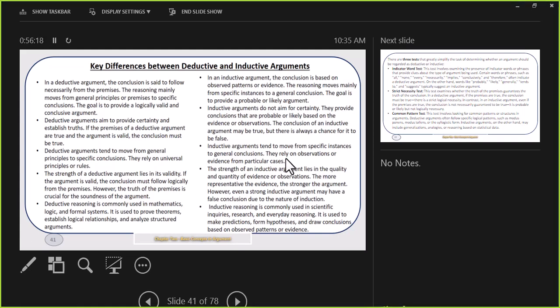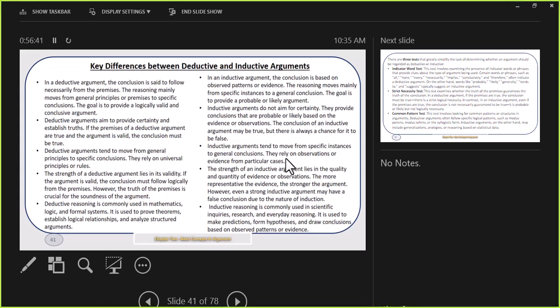Look, the difference is that deductive argument proceeds from general principle to particular conclusion, whereas inductive argument proceeds from particular observation to the general principle or to the general assertion, right?